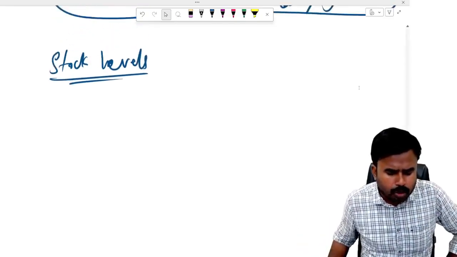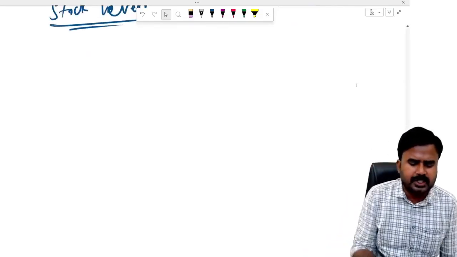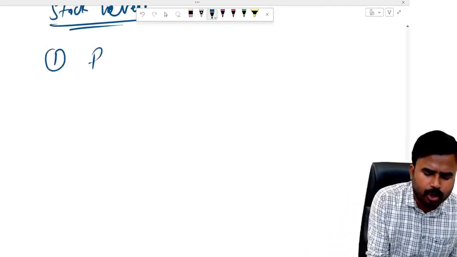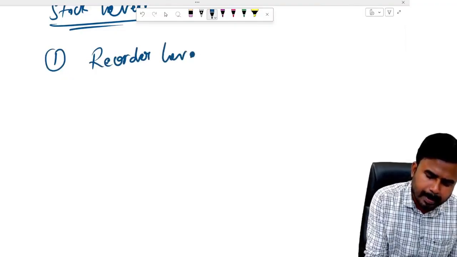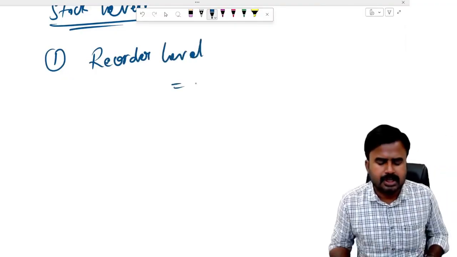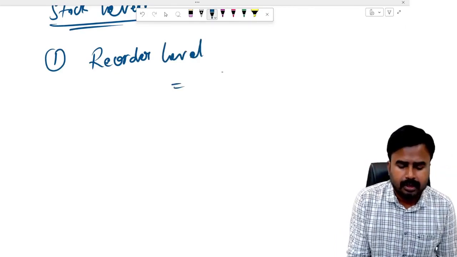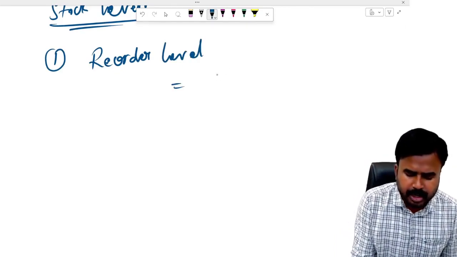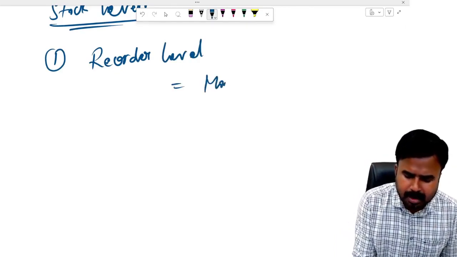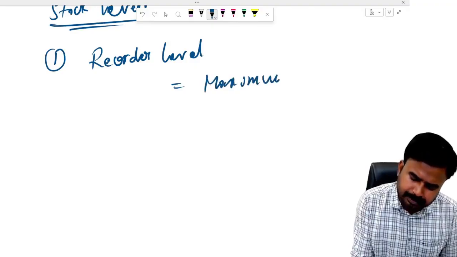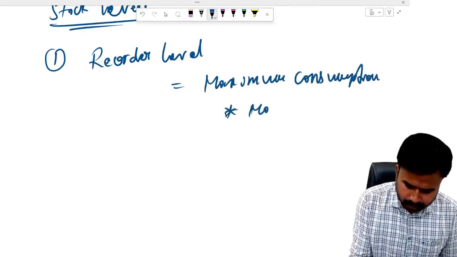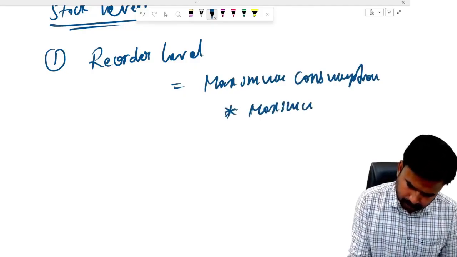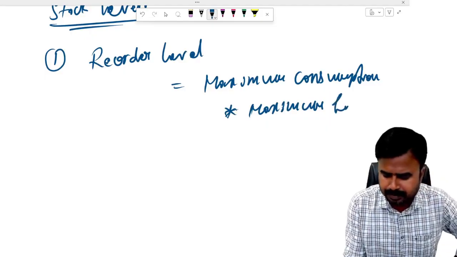So how to fix these stock levels? We have several stock levels. The first level is reorder level. I'm not going into the depth, simply taking the formulas. Reorder level is equal to maximum consumption into maximum lead time. You must remember these formulas.